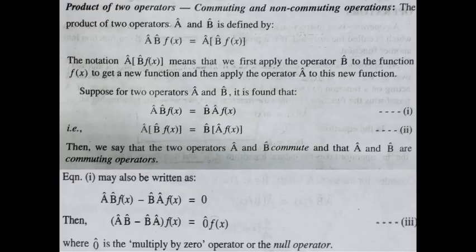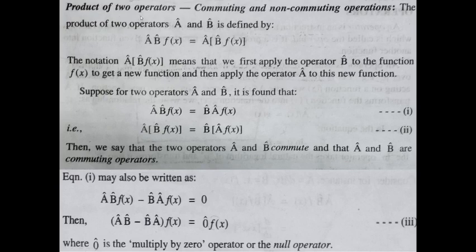Next, what is the product of two operators? The product of two operators is different from normal multiplication. In normal multiplication, we can easily interchange the functions, but in this case, operators can, in certain cases, be interchanged or cannot be interchanged.